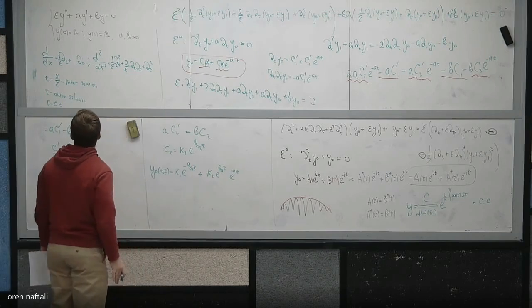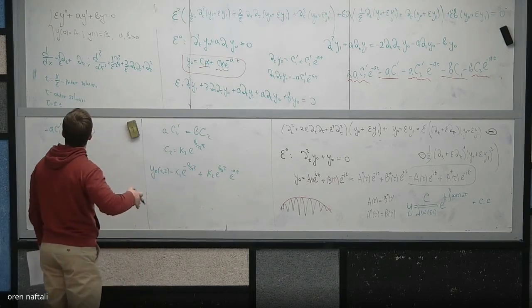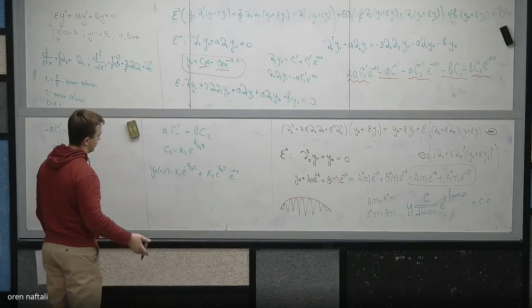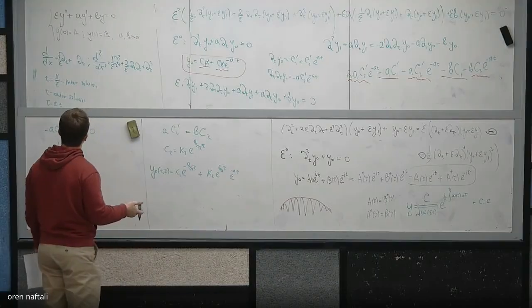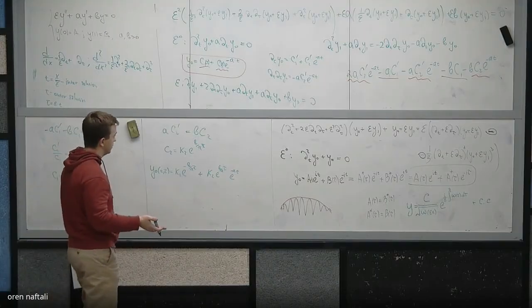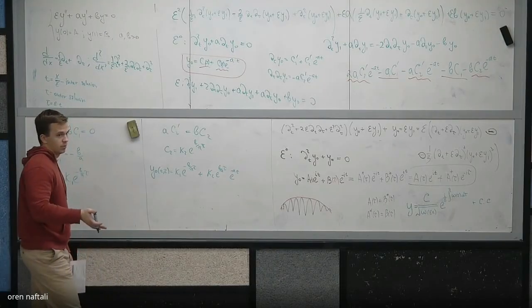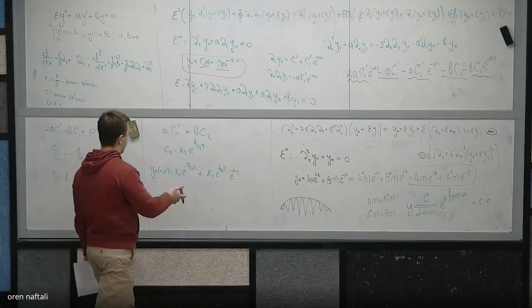Okay, at x equals 0. So basically, x equals 0 is my inner region, right? So it's then tau equals 0.